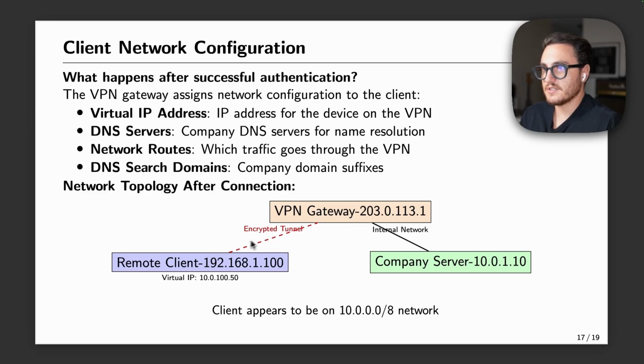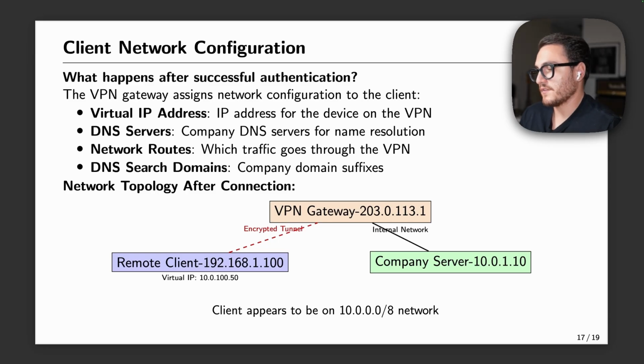So once the encrypted tunnel is established, all the traffic that goes to the company server is now redirected through the gateway, and the client knows how to reach the private network behind the gateway because the gateway pushes those routes.